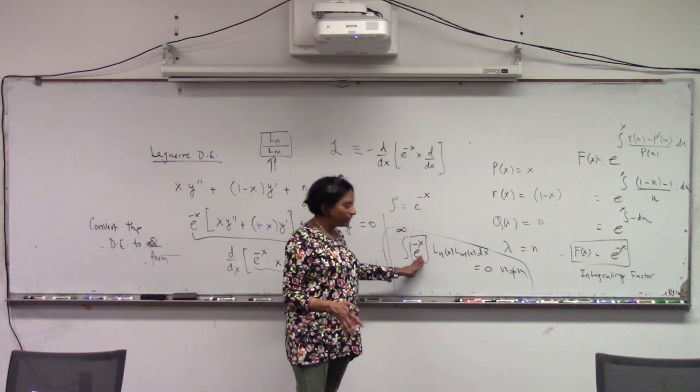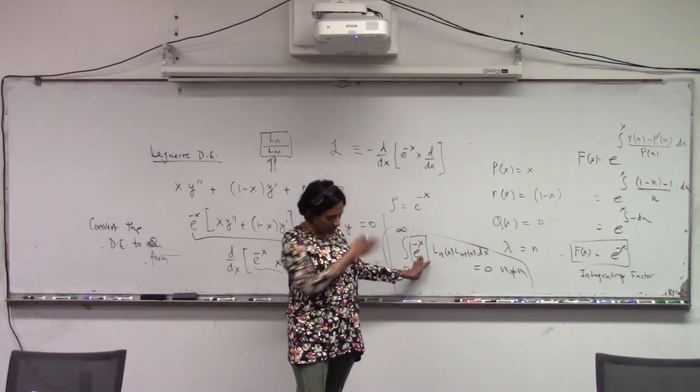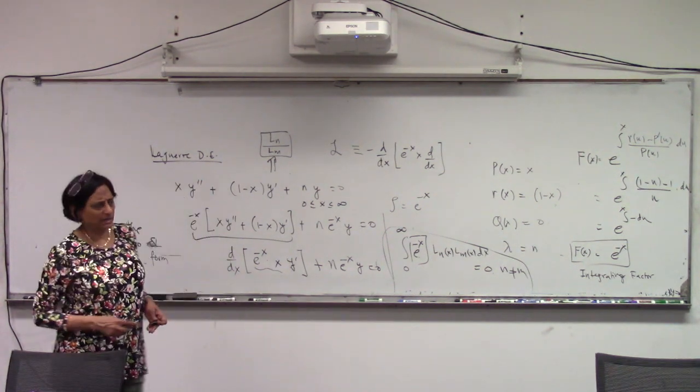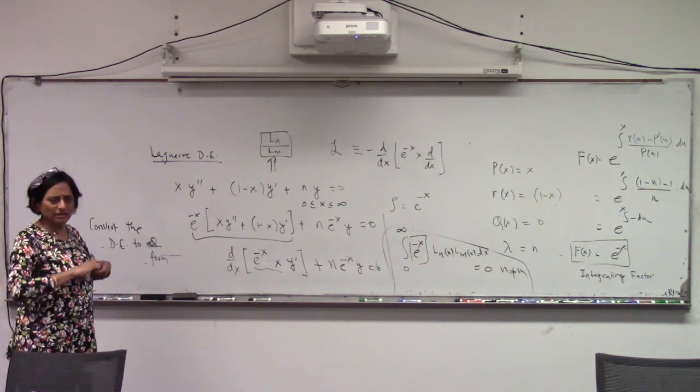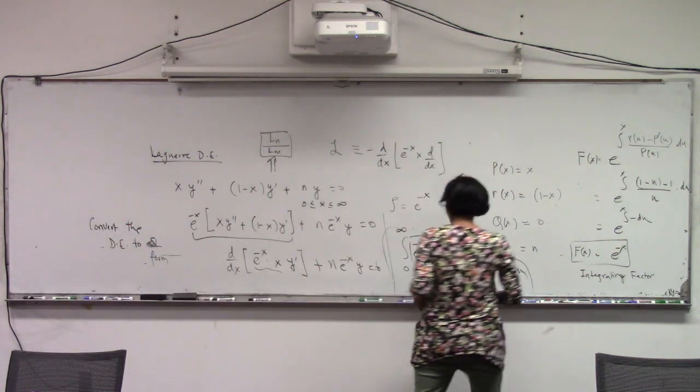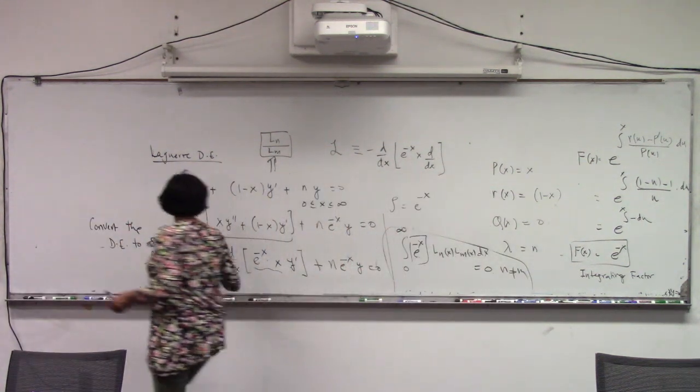In other cases, the weight factor can change. I have a feeling that for the Bessel function rho is something like that. It is not exponential, something else. You can work it out.